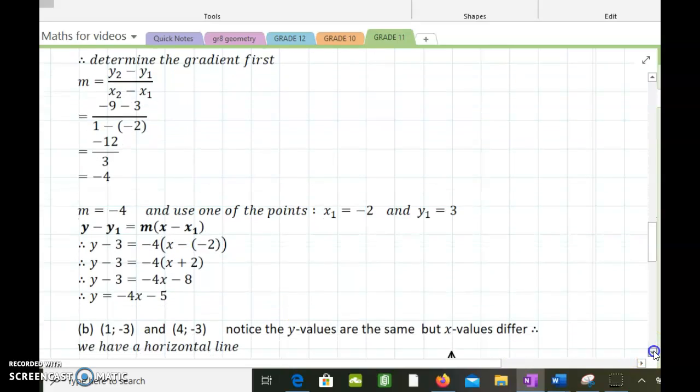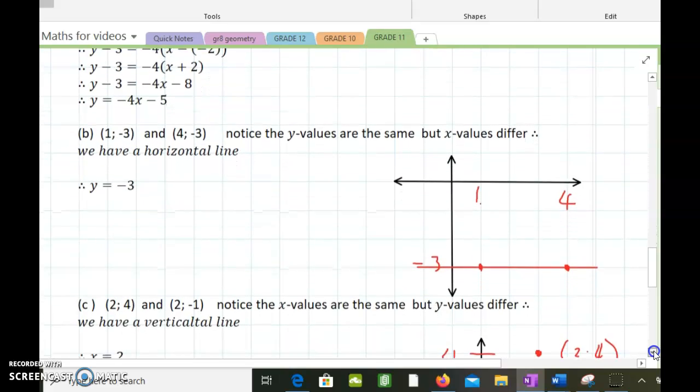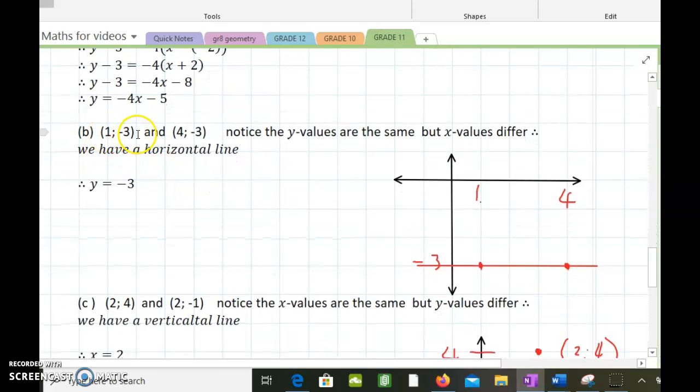Let's look at the next one. Here we have these 2 points, 1 and minus 3 and 4 and minus 3. Note, both of them have exactly the same y value. The x values differ, but the y value is the same. If I plot those 2 points, x is 1 and y is -3, x is 4 and y is -3, we'll see that those points lie on the same horizontal line.